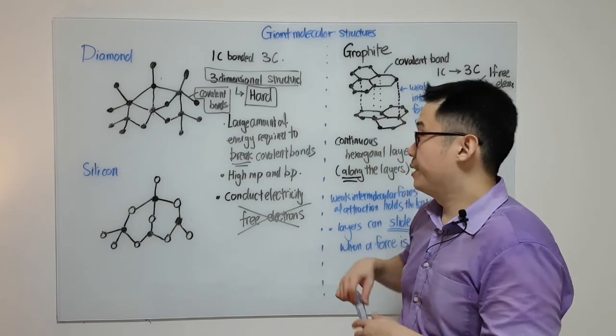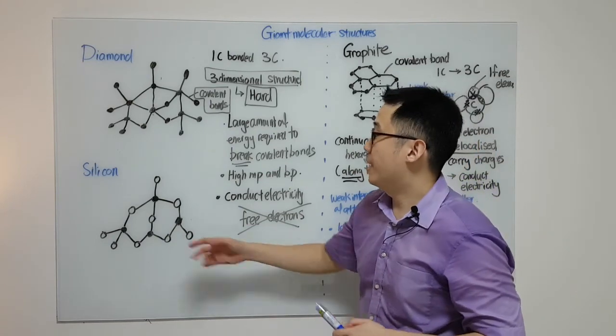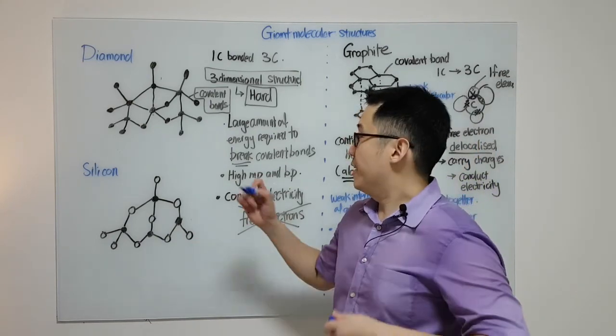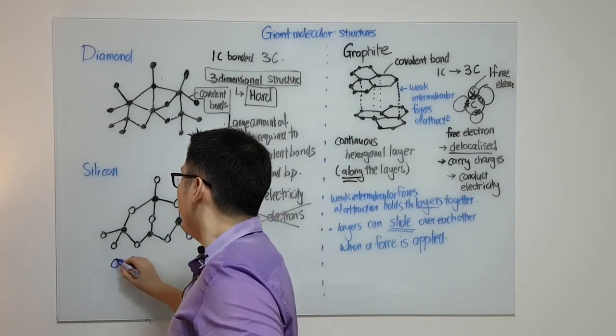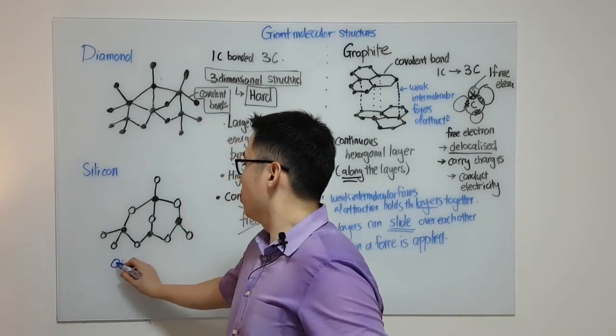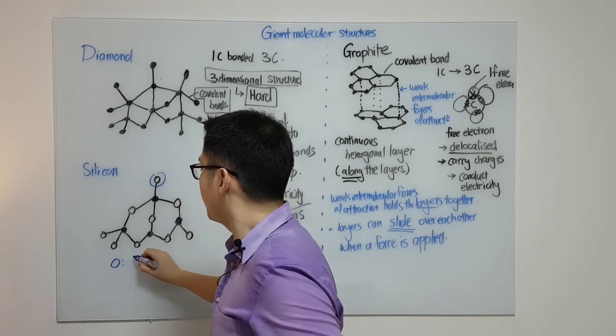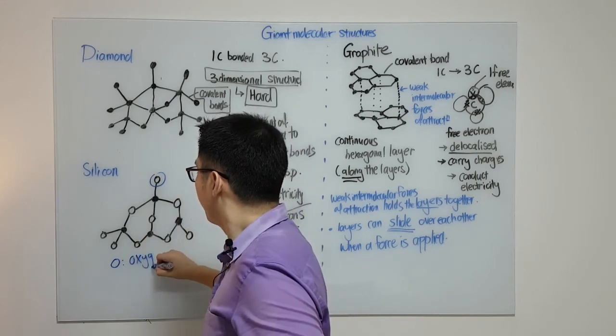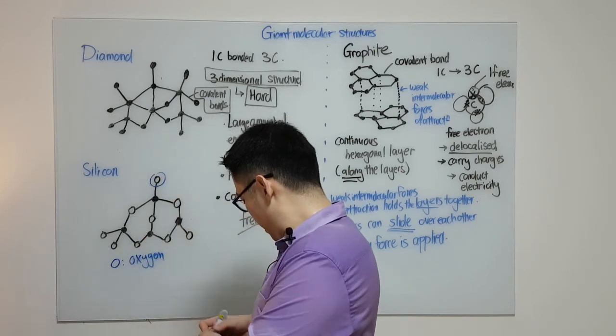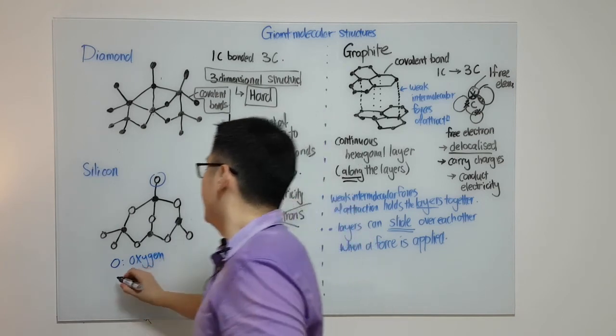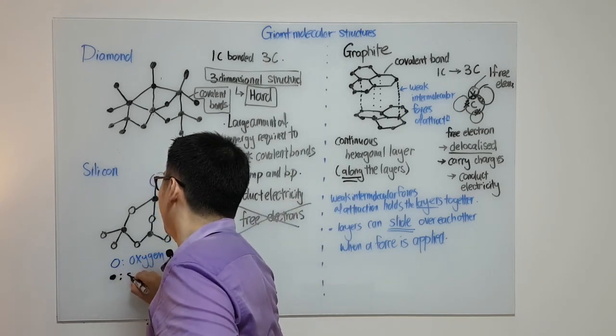Silicon, students, is pretty much the same. As you can see, the only difference in this case here is that every dot here is oxygen, whereas the shaded spot is silicon.